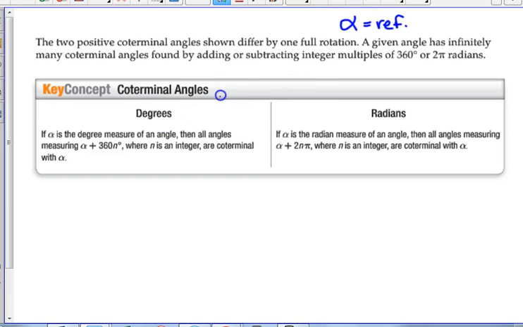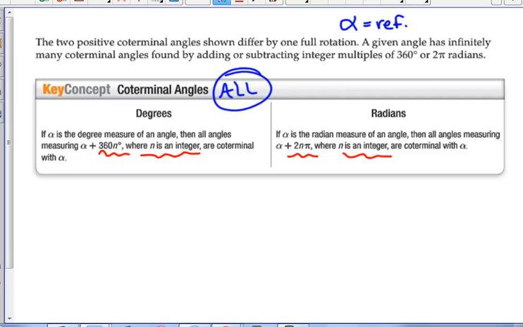But yesterday we talked briefly about this, and we're going to go through it really fast again today. If you want all the coterminal angles in degrees, and you have a degree angle, you add 360 over and over and over to find all the coterminal angles. So we write plus 360n, where n is any integer. If it's in radians, what do you add? 2 pi n, where n is any integer.